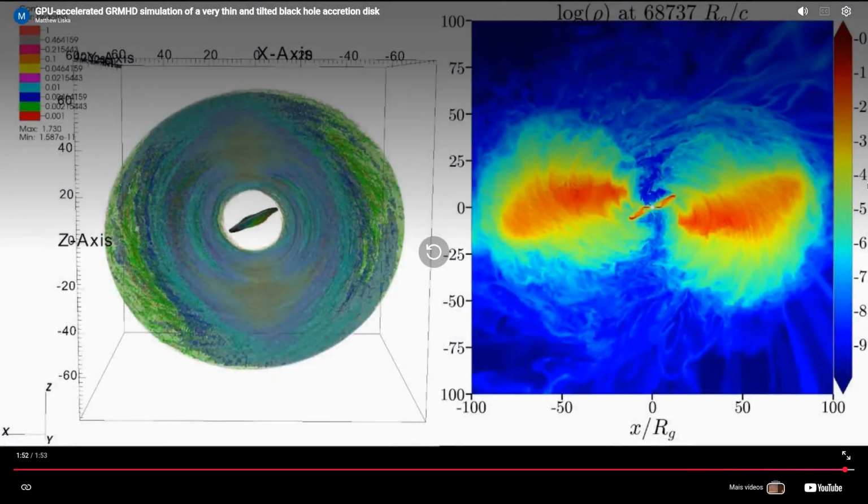The disk will just bend. Okay, and the very inner part will rotate together, will align with the equator of the black hole, while the outer disk will never align.